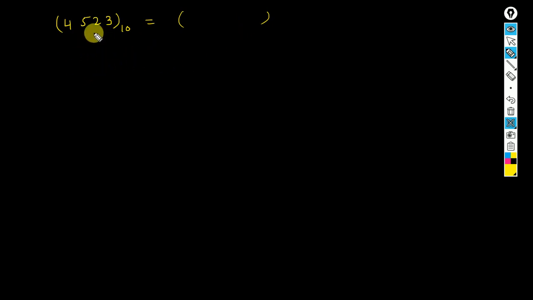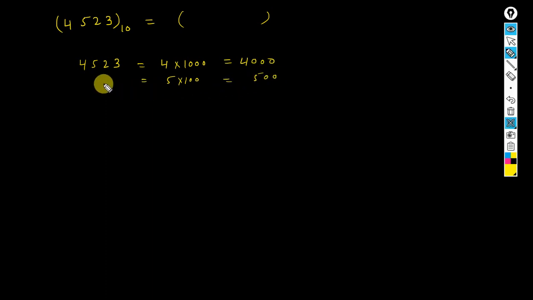The first method is to extract 4 from this number 4523. The 4 is placed in the 1000 place. 4 multiplied by 1000, so this is 4000. 5 is placed in the 100 place. 5 multiplied by 100 is 500.